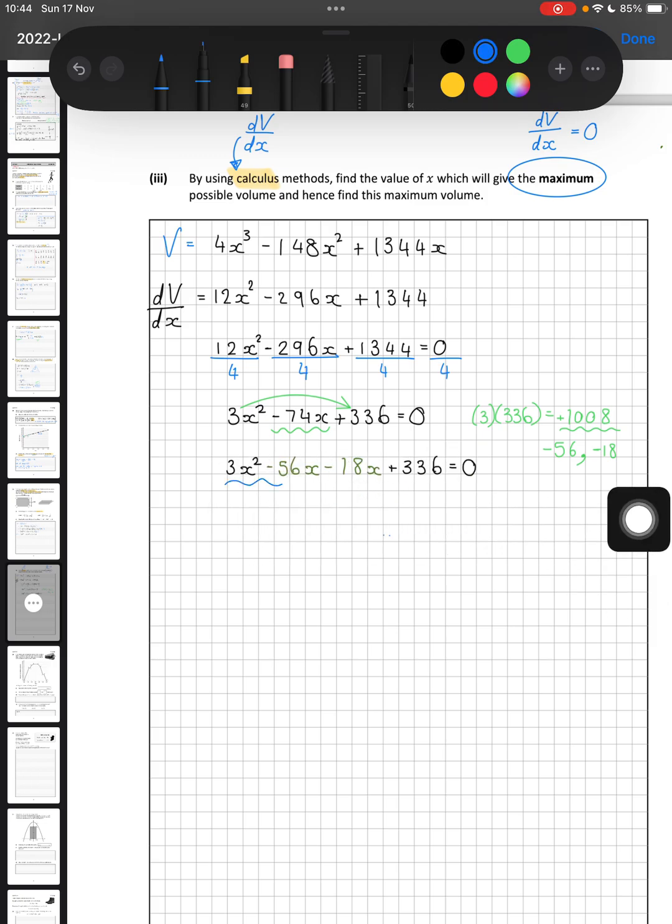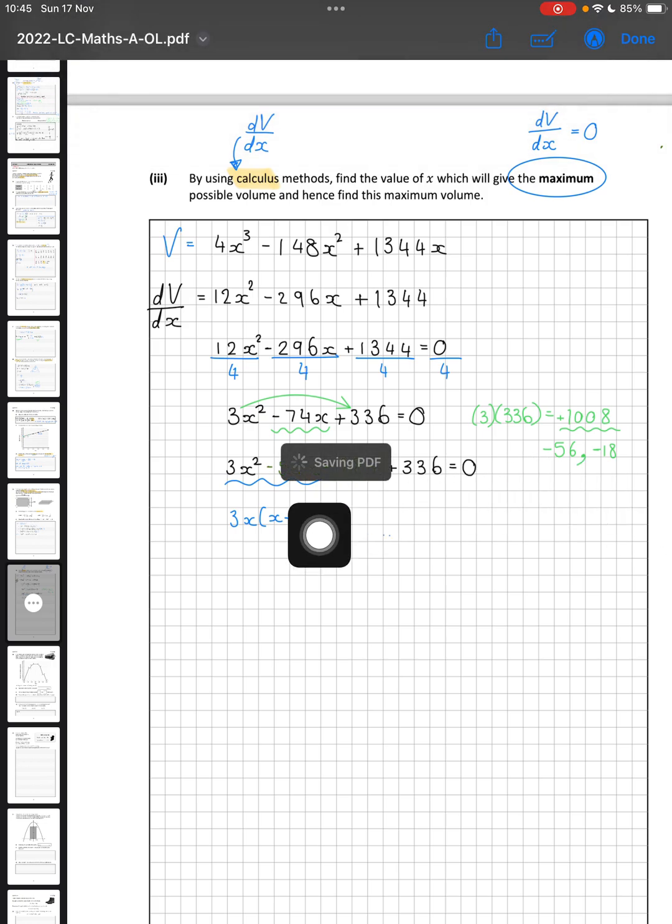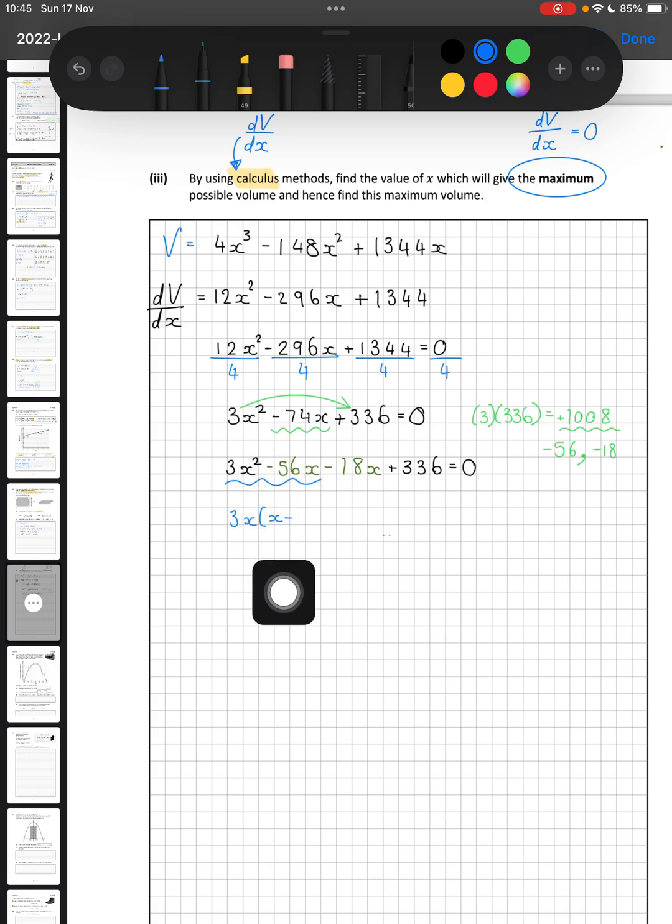Okay, so that means that the first two together with highest common factor, so that I can take out a 3x and be left with x minus, what's 56 divided by 3? Okay, doesn't go in. Okay, so 56 isn't going to be divisible by 3, so I should have put these in the opposite order.